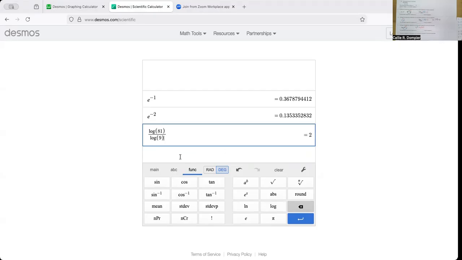And that is how you show that log base 10 of 81 is equal to 2. So that is true, right?